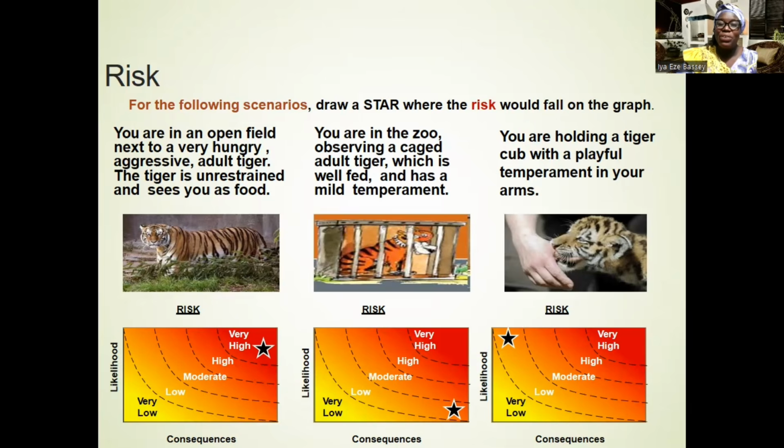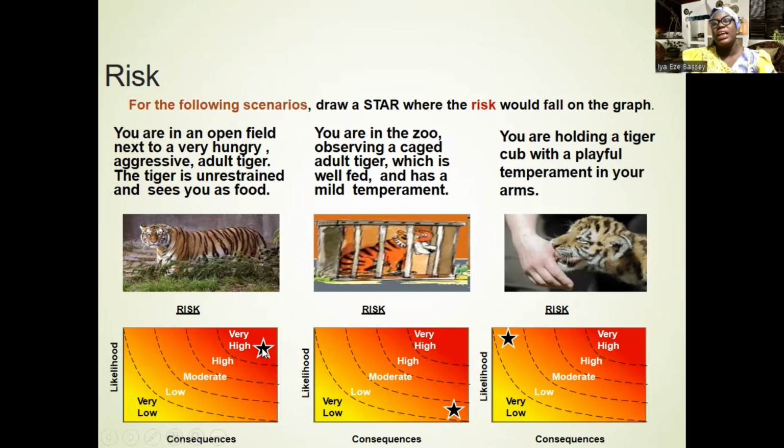Really, the likelihood of it attacking you is very high because it's free, it's annoyed, it's big enough, and you are food, it's hungry. And if it even gets you, the consequence of what will happen to you is very bad because it will surely tear you to pieces. So the risk in that particular situation will be very high. You can see my star right here.